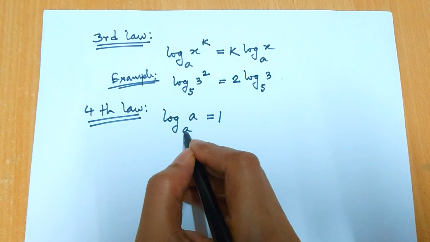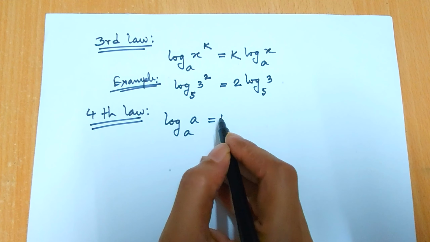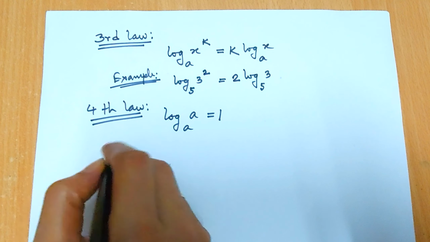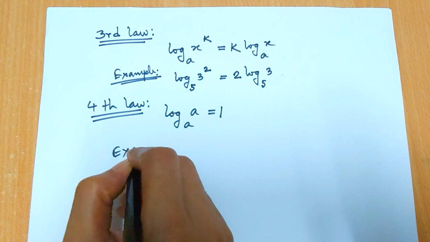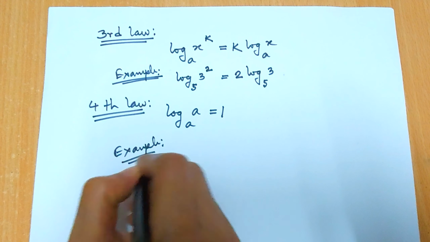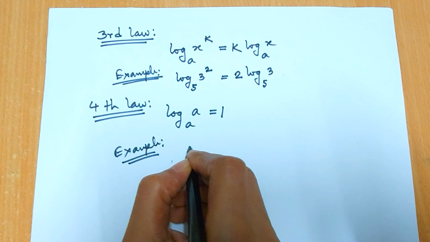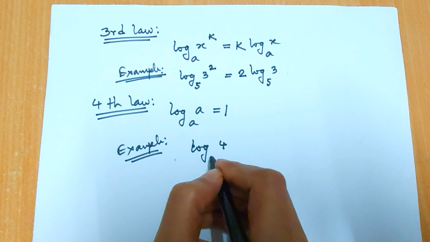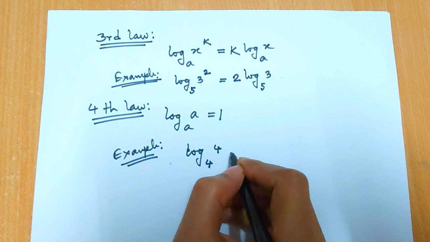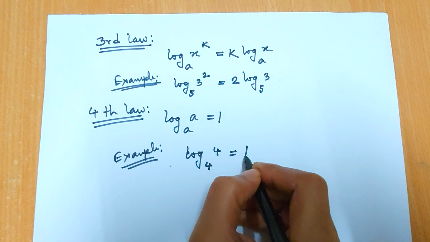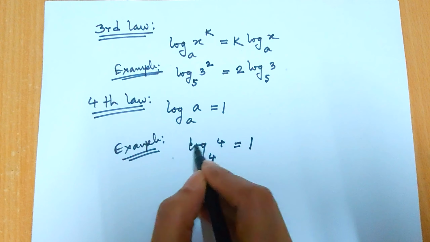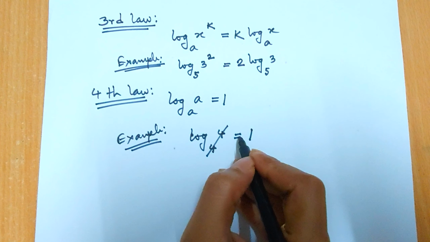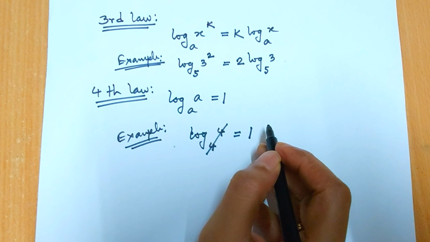That means any base raised to power 1 equals that base. So the example will be log of the number and the base are the same, that will be equal to 1. Log of 4 to the base 4, they will be cancelled and 1 will remain.